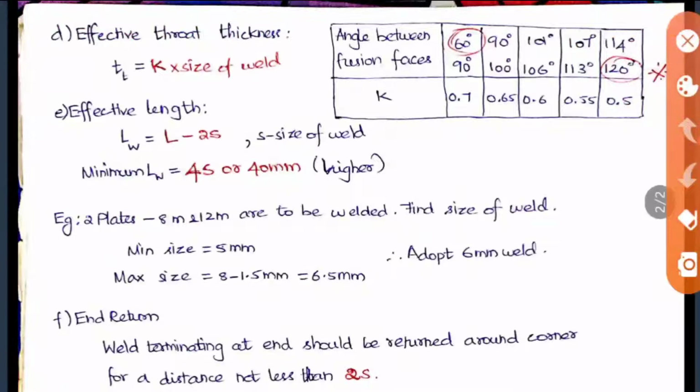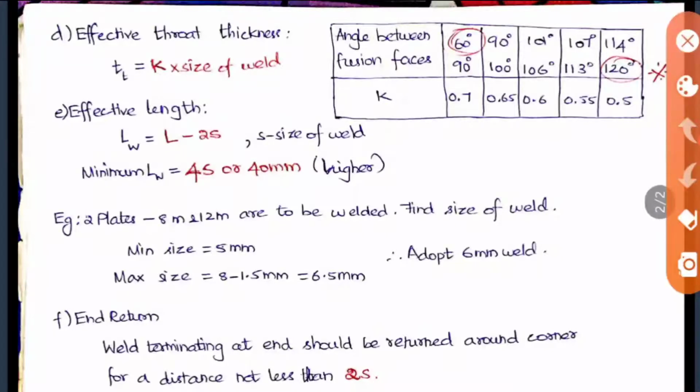The next thing we are going to see is the effective throat thickness. In the previous weld we said the size will be equal to 5/8 of the thickness. Here also there is a constant factor K used. The effective throat thickness will be equal to K into the size of the weld. K differs based on the angle between the fusion faces, that is, the plates being welded.